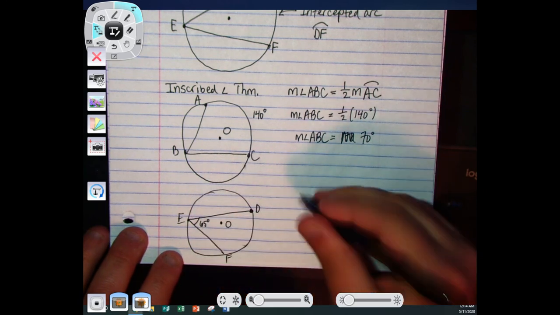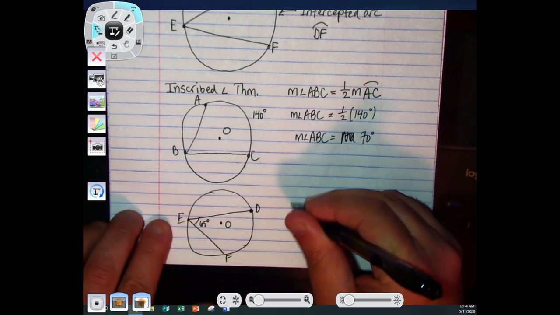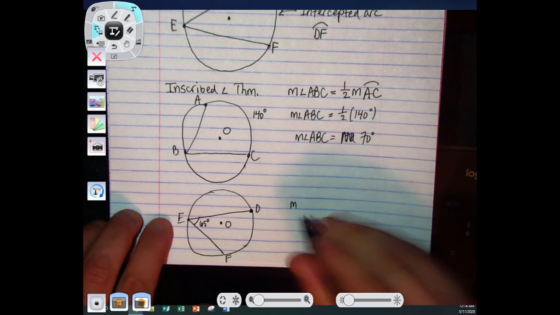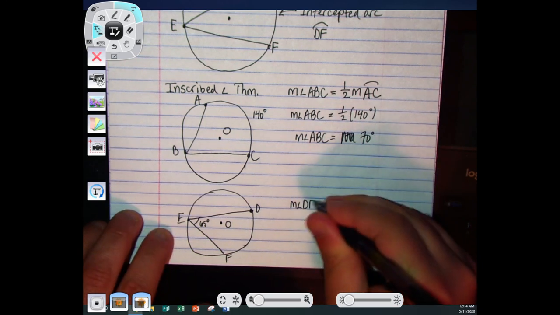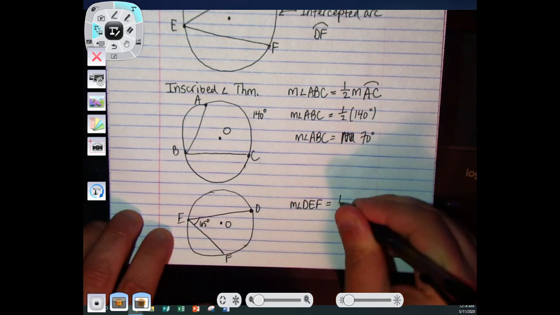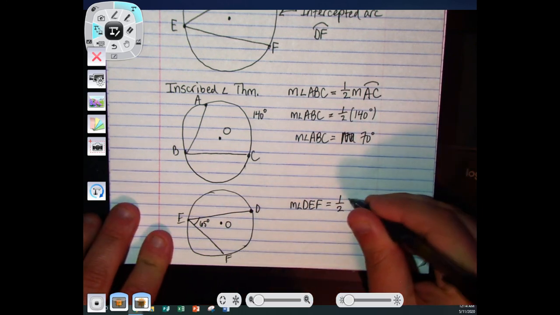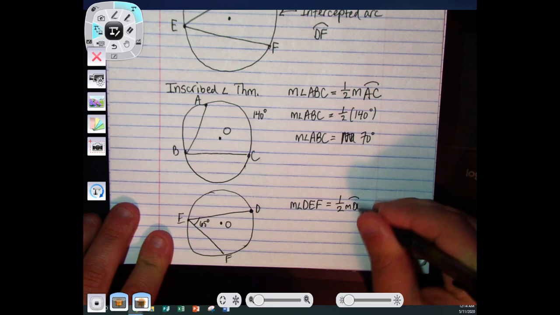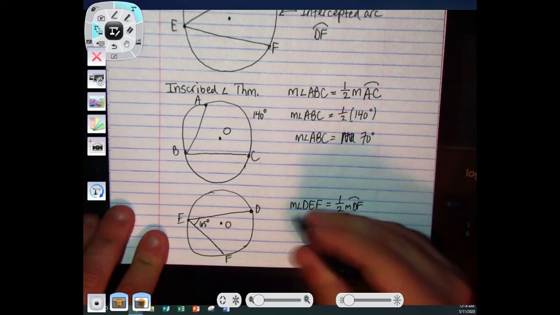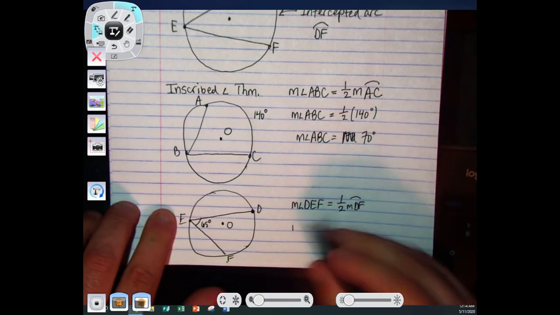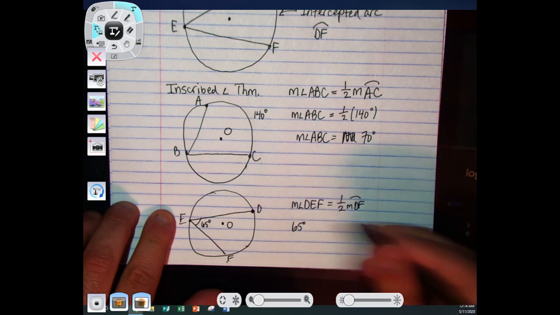Okay, great. So we know, based on the inscribed angle theorem, that the measure of angle DEF is equal to half the measure of the intercepted arc. So it'd be half of the measure of arc DF. We know the measure of angle DEF, that's 65 degrees.